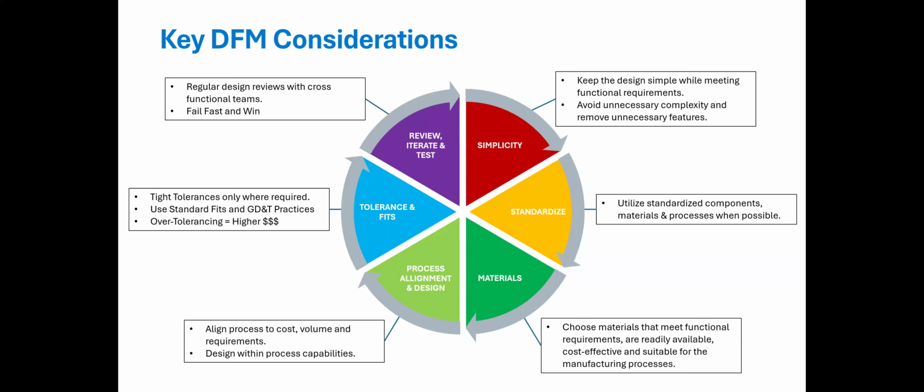Fourth, when it comes to process alignment, you want to make sure that the design aligns with the process requirements, and that the manufacturing process you choose aligns with the cost, volume, and overall requirements of the product itself.